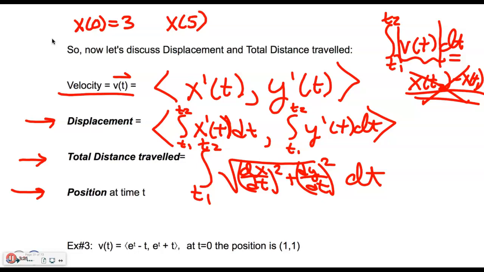Do you remember? It's where you are at 3 plus your displacement, where you moved, correct? So this would be 3 plus, I'd have to figure out my displacement on the interval from 0 to what? 5 dt. Notice this right here would be x of 5 minus x of 0, which is 3. It'll give you x of 5, or your position at 5, right?